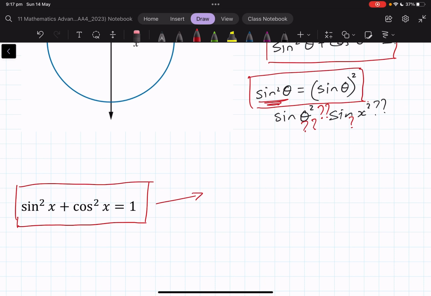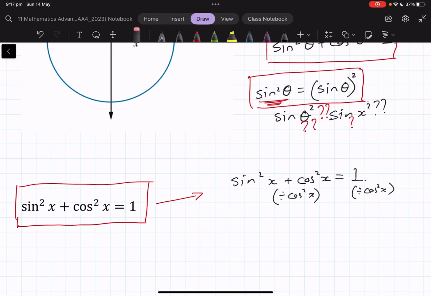If I go over here and I say, okay, sine squared x plus cos squared x equals 1. Now let's say I divide everything by cos squared x. If I do that, then I'm going to get the following.